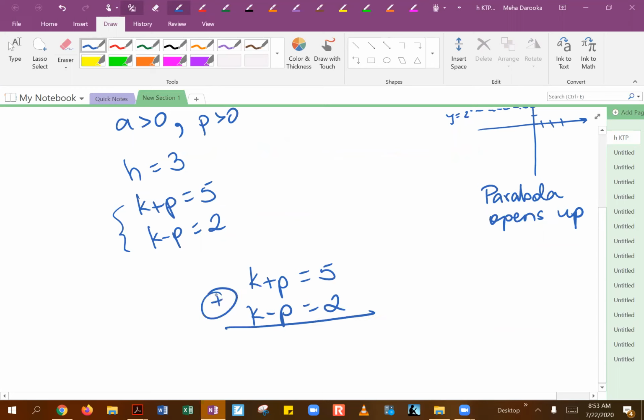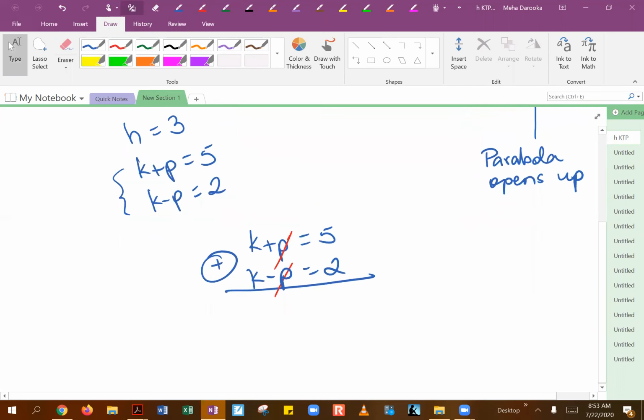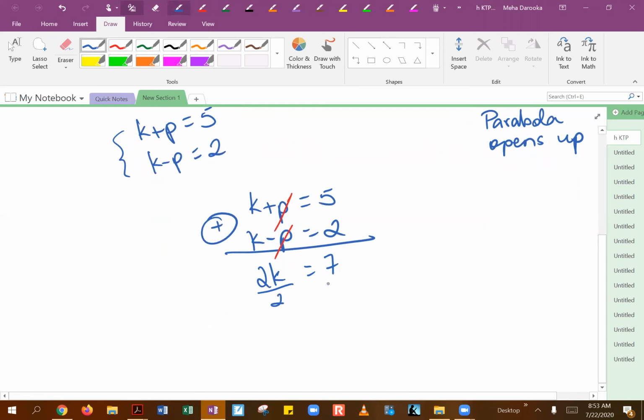If we just add these equations as they are, you have that positive and negative p, so those two would cancel out, leaving us with k plus k, which is 2k. 5 plus 2 gives us 7. Divide both sides by 2, and you end up getting k as 7/2.